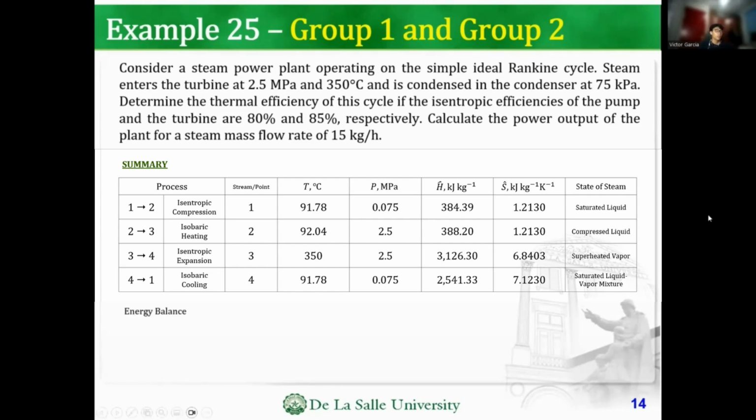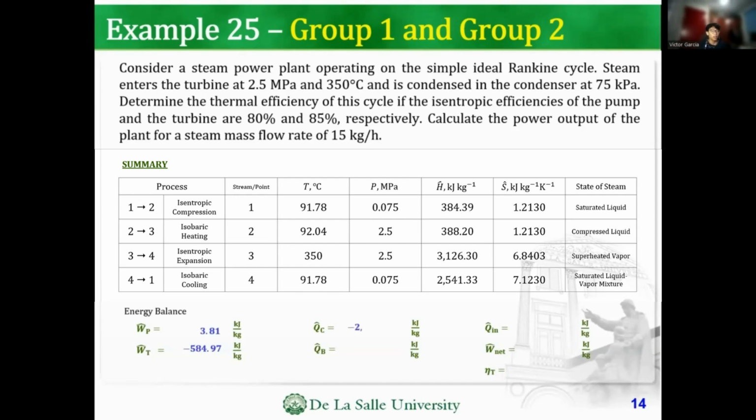And for the energy balance, we have the specific work of the pump, specific work of the turbine, specific heat of the condenser, specific heat of the boiler, specific heat in, specific work net, and also the thermal efficiency. The specific work of the pump has a value of 3.81 kilojoules per kilogram. Specific work of the turbine is negative 584.97 kilojoules per kilogram.